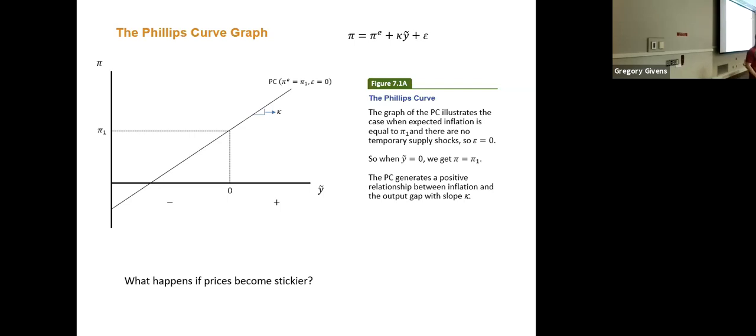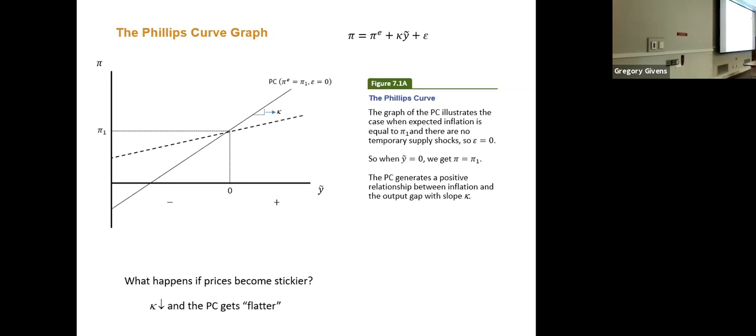Okay, go ahead. Why? Kappa is (1 minus S) times A over S. If S gets bigger, and therefore 1 minus S shrinks, that kappa parameter gets smaller. It gets closer to 0, and the entire Phillips curve flattens out.